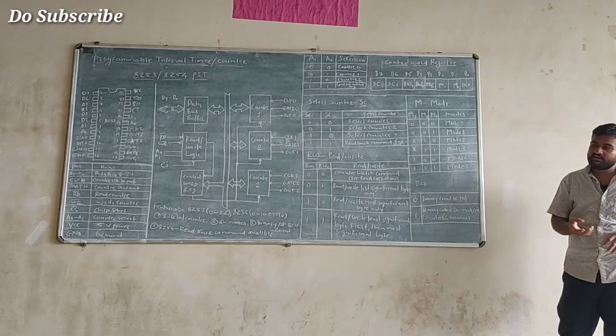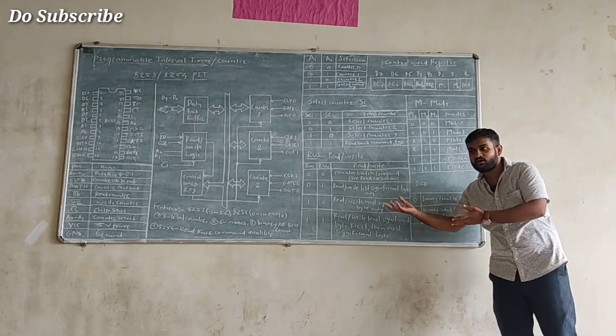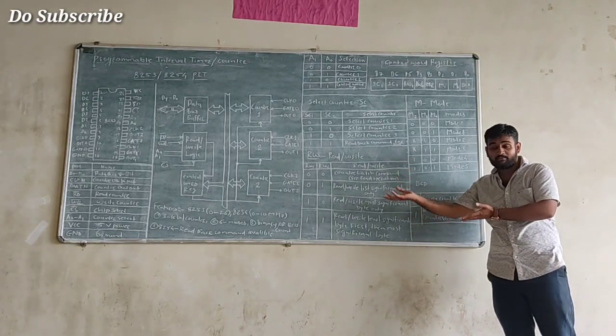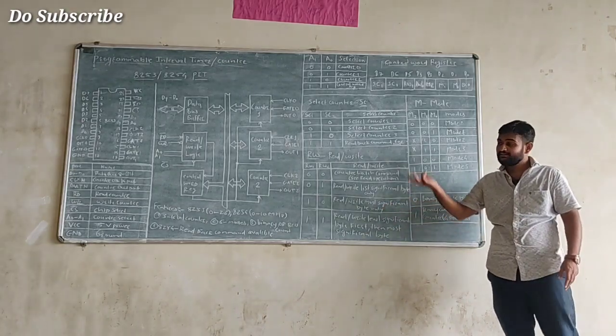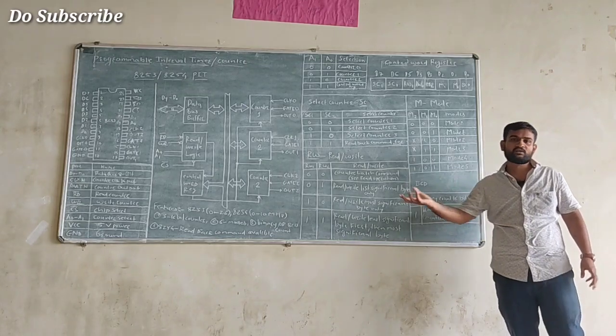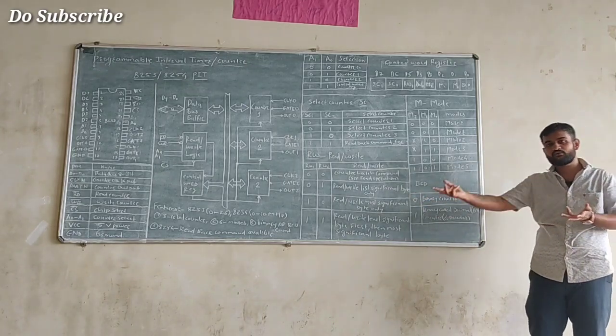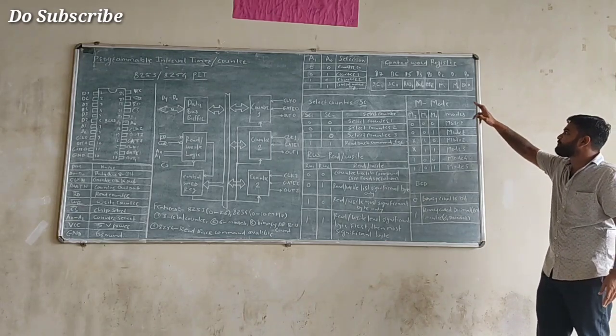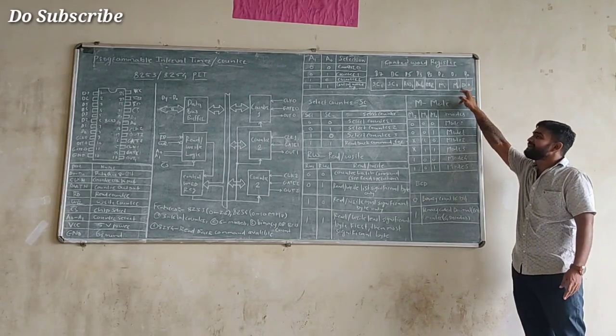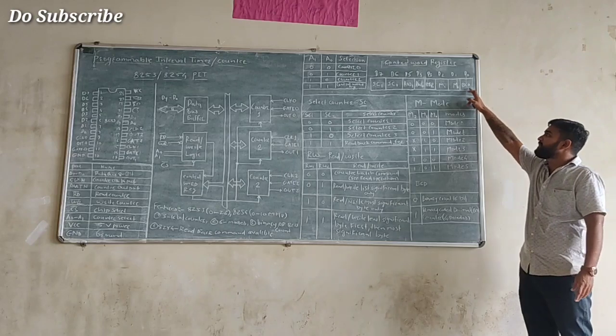Now, as we have discussed earlier, this timer and counter IC has 3 different 16-bit counters available. That counter can count 2 different kinds of values, that is binary values and BCD values also. So for that purpose, we have a very important pin, that is D0, which is for BCD.